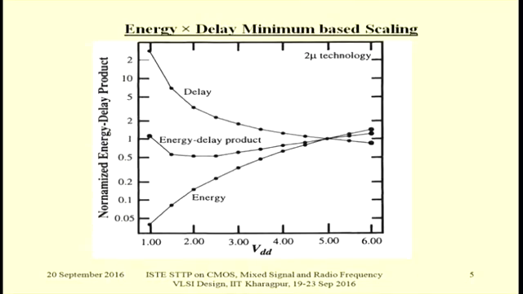For a fixed technology, this EDP curve is shown. For different technologies, the values will differ. We are showing the normalized energy delay product also. Theoretically, we understand that somewhere in the neighborhood of 2 volt we have to take.